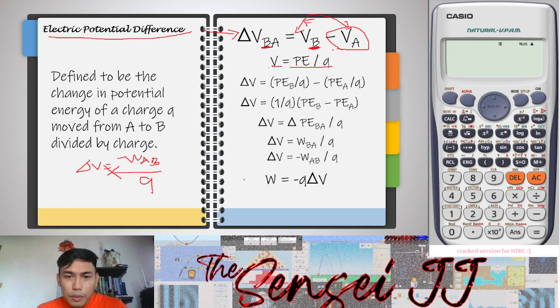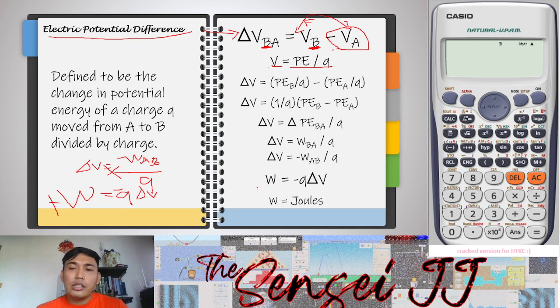Cross-multiply, we will have W negative is equivalent to Q delta V. Okay, so sir, nagkaroon po ng negative si Q delta V. Okay, so let's multiply both sides by negative, and we can cancel out here the negative, and we can put the negative on our charge and electric potential difference.